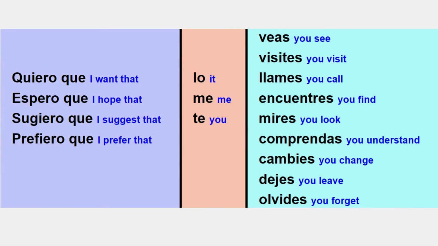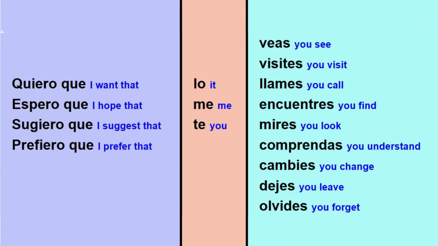Okay, so for the advanced part of this lesson, have a look at the grid. You can see we've swapped things around a bit. We've kept the verbs, but you'll see that they're in the present subjunctive, the you form, and you'll notice that the object pronouns, the it, me, and you, now come before.